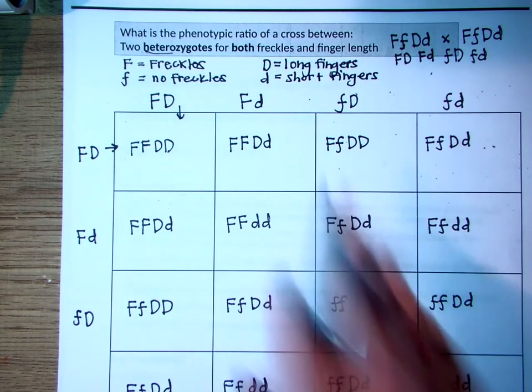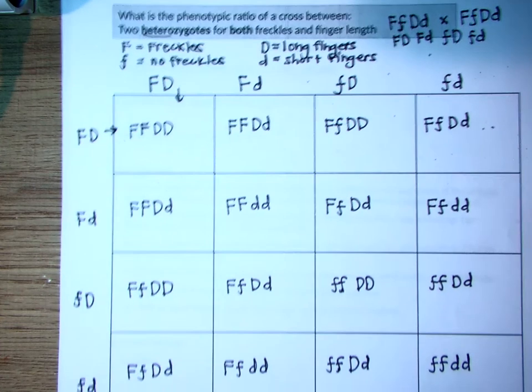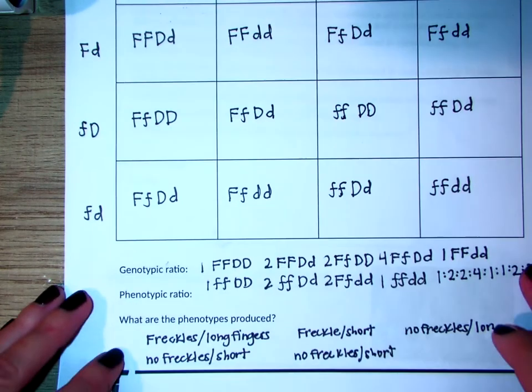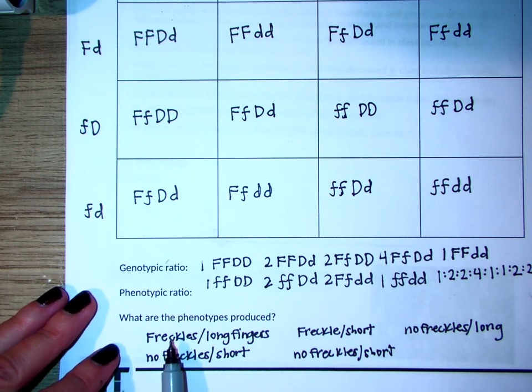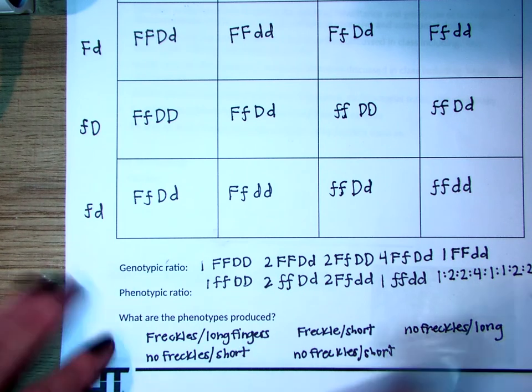So for the phenotypic ratio, let's first count up freckles and long fingers. So we know that if they're going to have freckles, and I might have done this backwards from the paper, I think no freckles was the dominant gene. Okay, so if they're going to have freckles, they need just one big F. And if they're going to have long fingers, they need at least one big D. So let's find these and mark them with a circle.